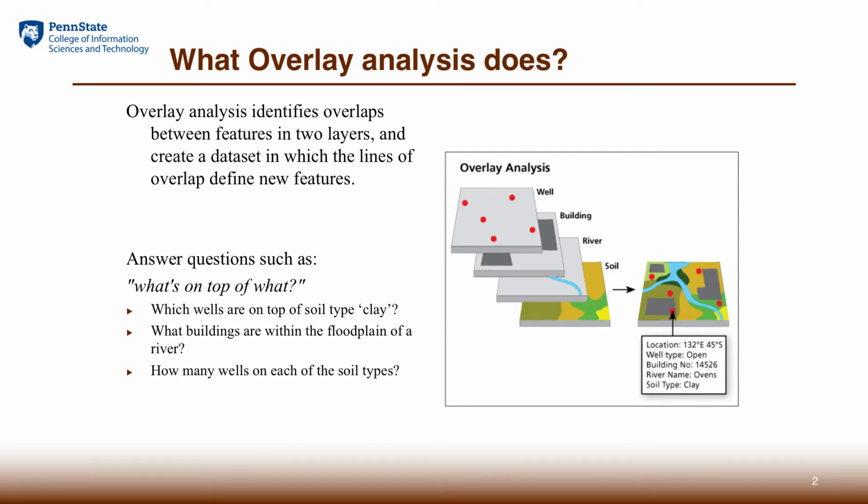For example, we can ask for this particular water well, what is the soil type beneath it? In order to do that, we can figure out an overlay of these 2 themes, soil type and water well, and then do the attribute integration through the overlay connection.